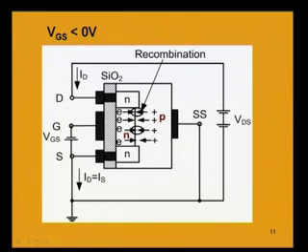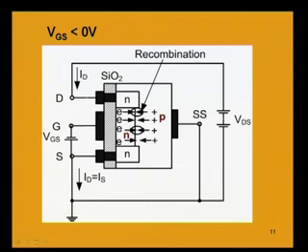Because of that, the current ID will now be decreasing, because some electrons are lost through recombination with the holes coming from the p substrate. So, the total number of free electrons which took part in the conduction of the current will be reduced. That is why the ID current will now be decreasing.